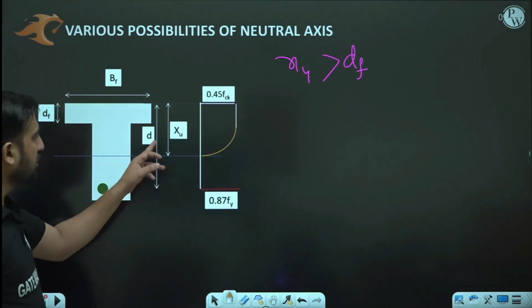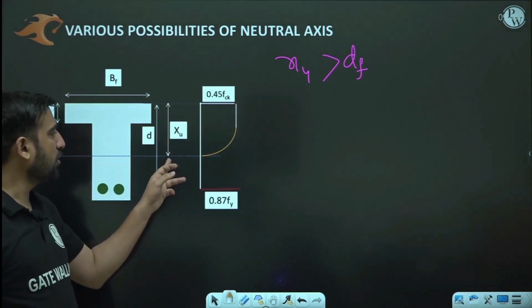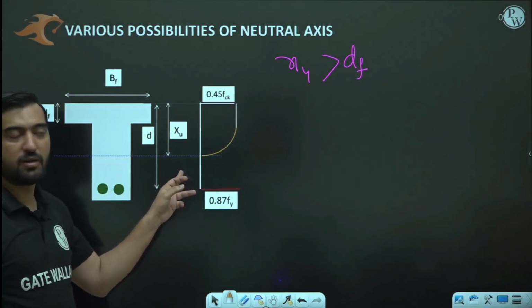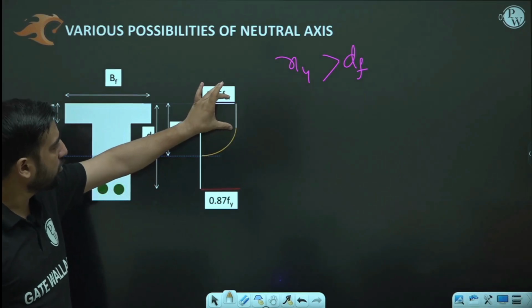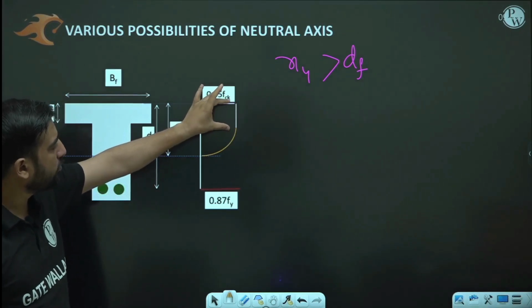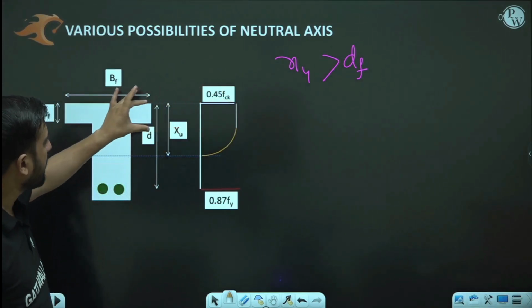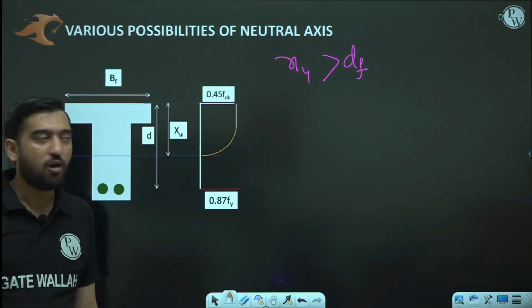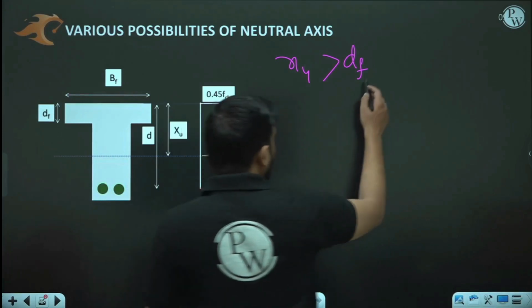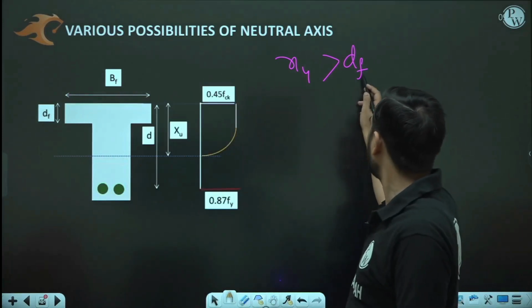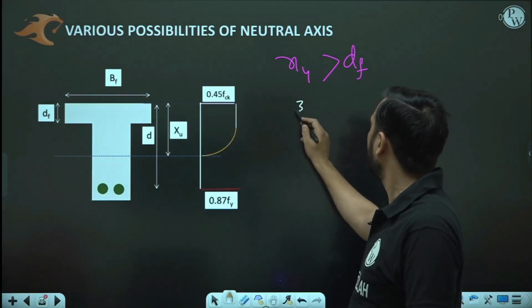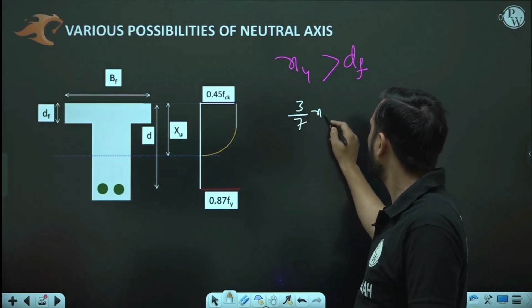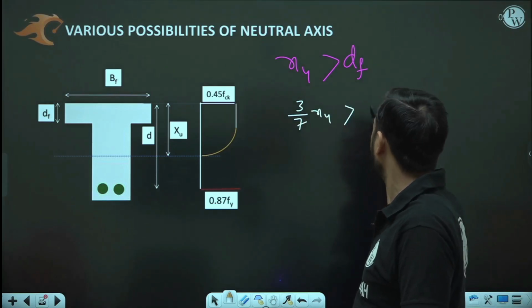So in this case, XU is quite lower. It is that lower that this rectangular zone portion is greater than the depth of the flange. Or I can say that this is the case when XU is greater than DF, as well as 3/7 of XU is also greater than DF.